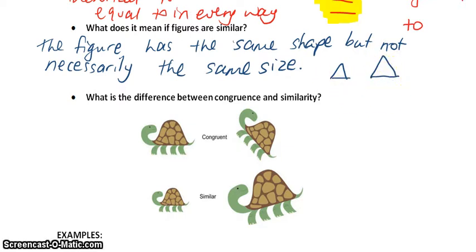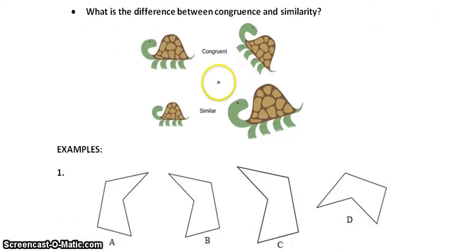So we've looked at congruence, we've looked at similarity. So what is the difference between congruence and similarity?